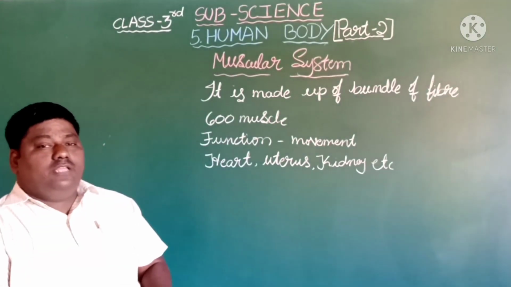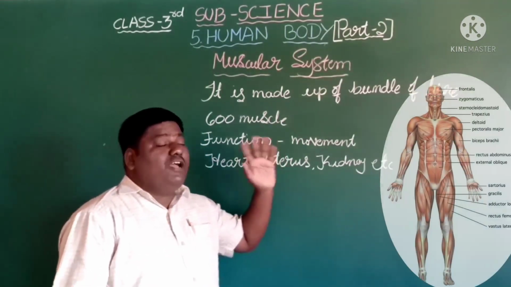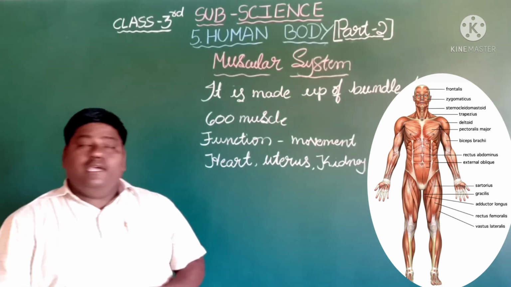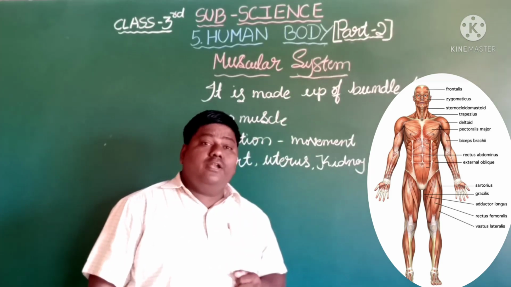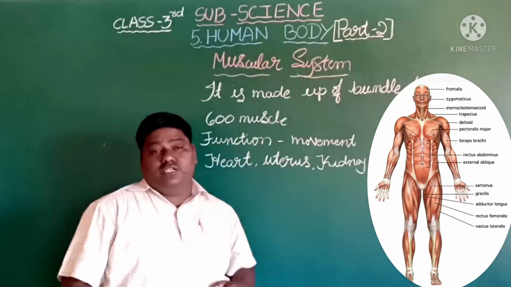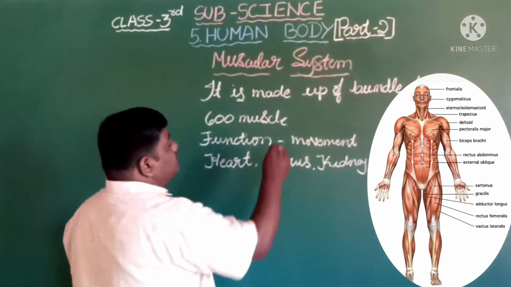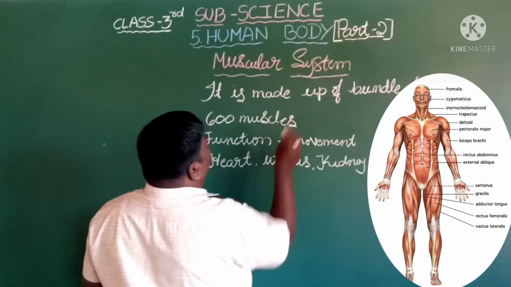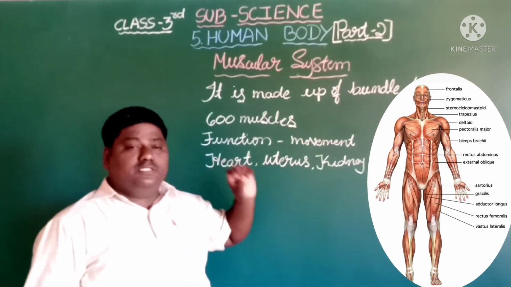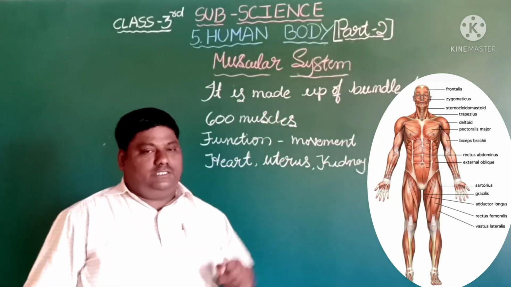The muscular system is made up of bundles of fibers. In our body, there are 600 muscles. How many muscles? 600 muscles in our body. All these 600 muscles make up the muscular system.